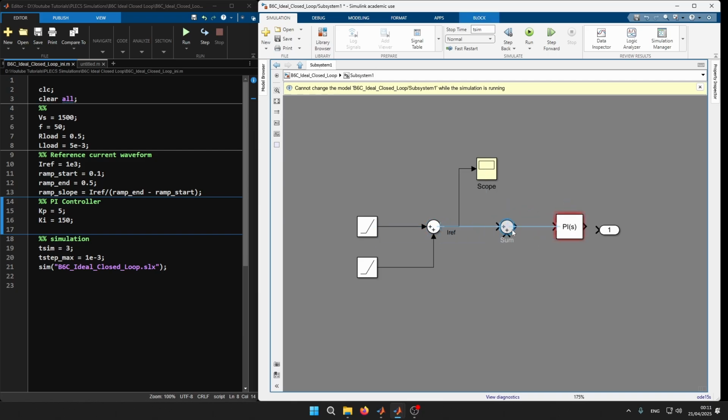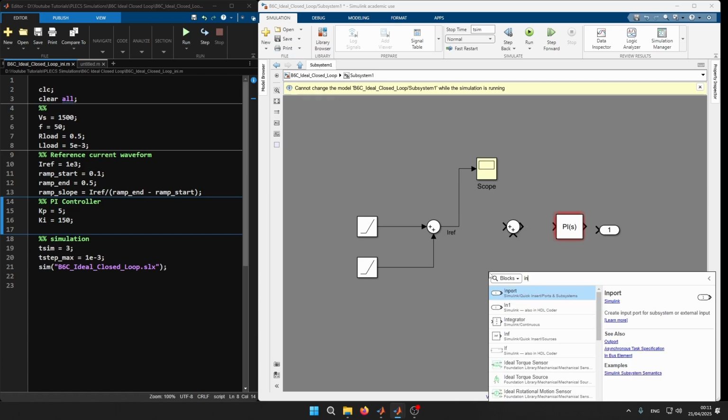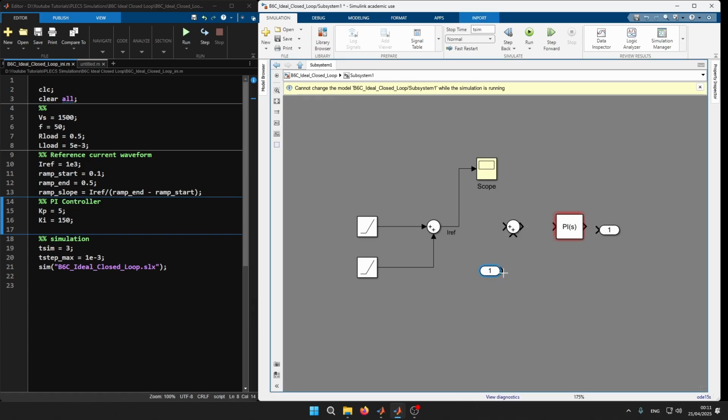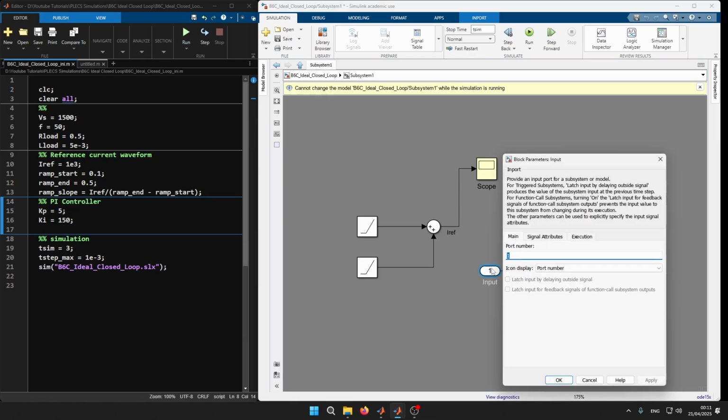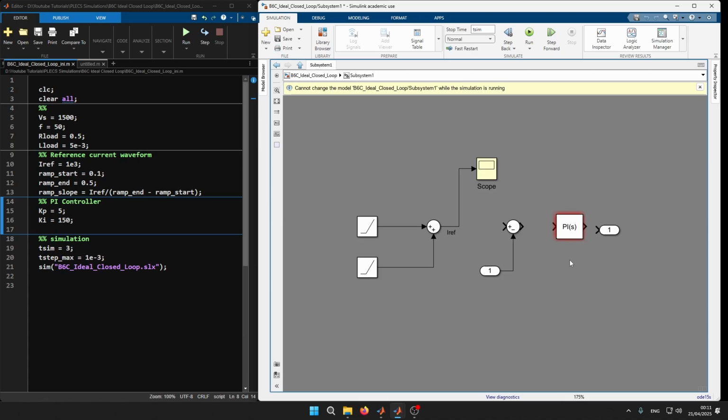Now we need another summation block before the PI controller. And for an input, we will give the negative part, which is the feedback signal.